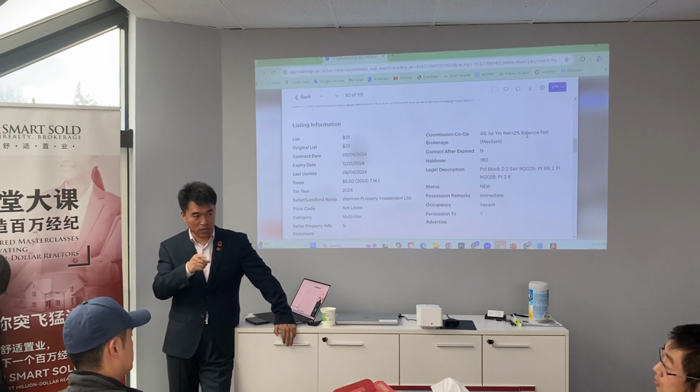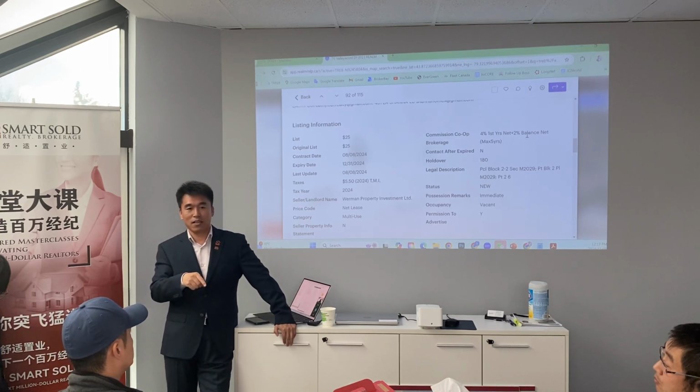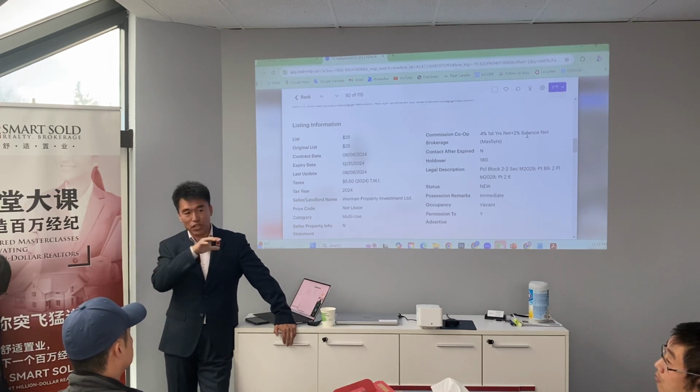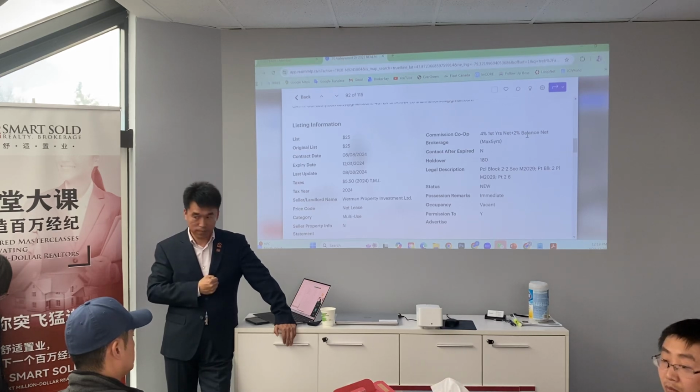If the audit report says the TMI is 5.2, then the tenant has such a balance as a credit for the next payment. Okay, got it. Cool.